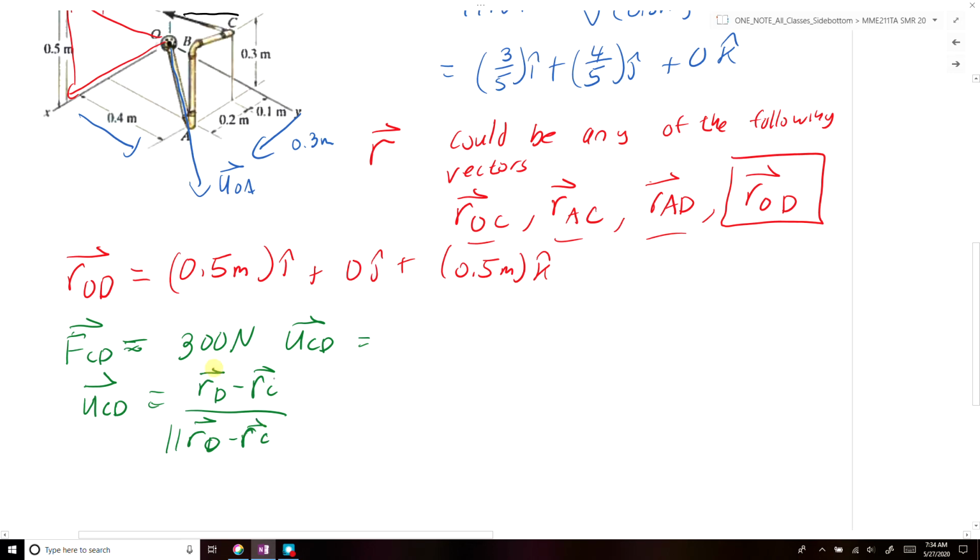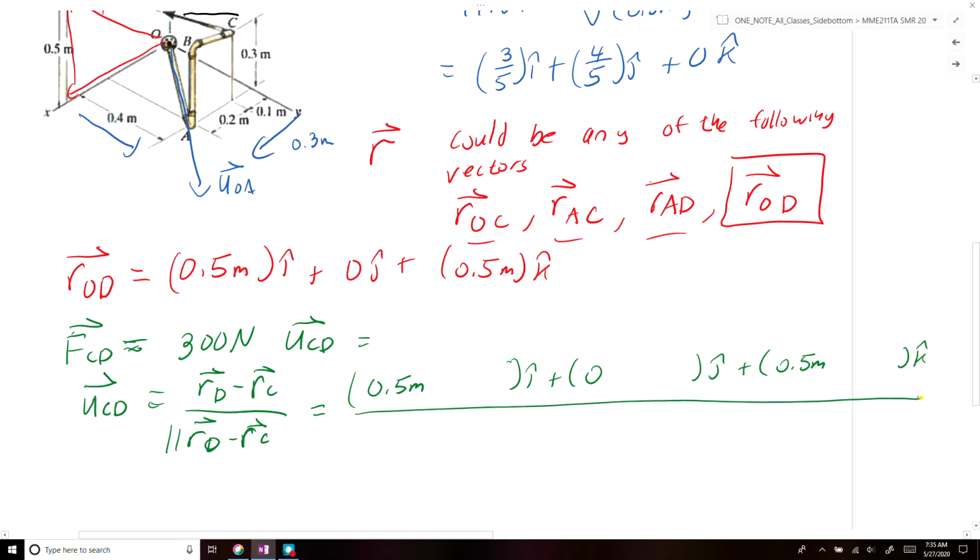All right. So R_D is equal to 0.5 meters i plus 0 meters in the y direction plus 0.5 meters in the z direction.